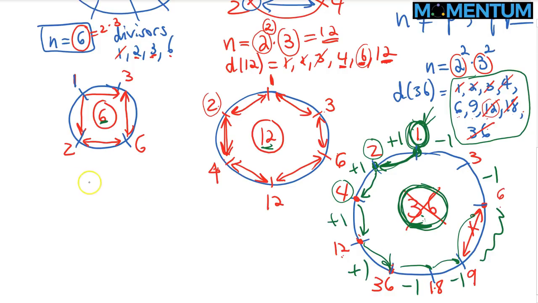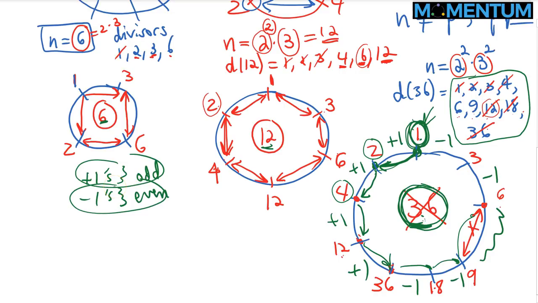So therefore, you have an odd number of total plus ones and minus ones, so one of them is odd and the other is even, or the other way around. In that case, you are changing the sum of the exponents for that number in its prime factorization.